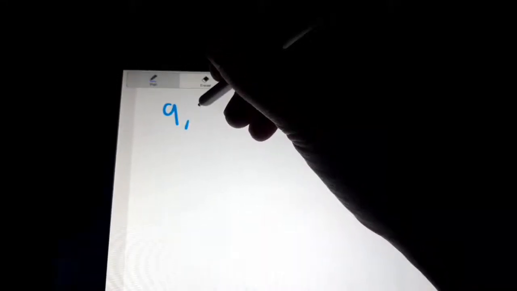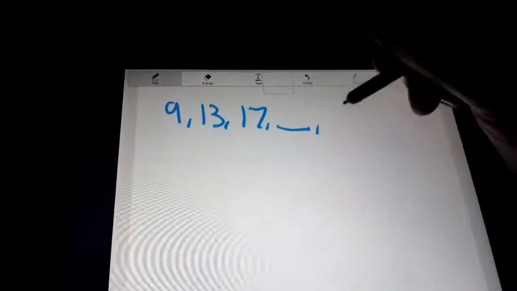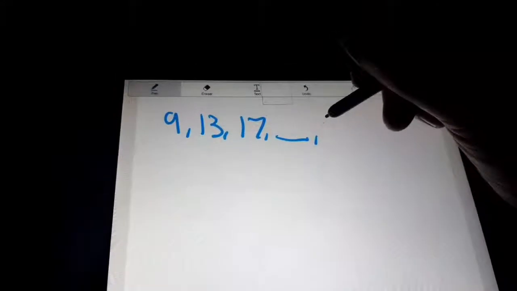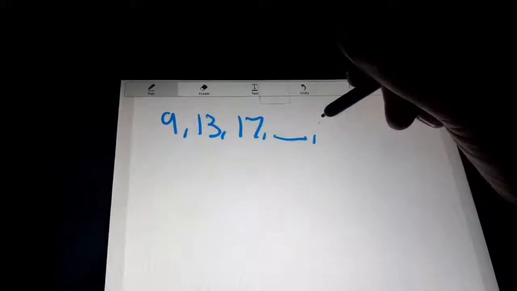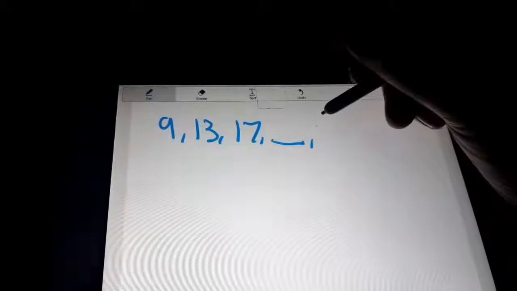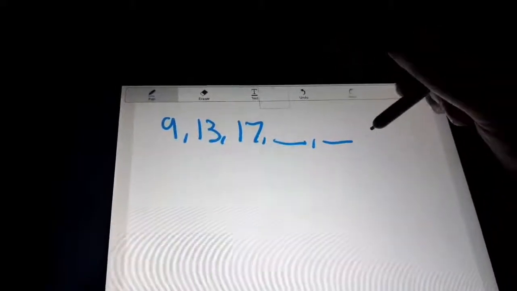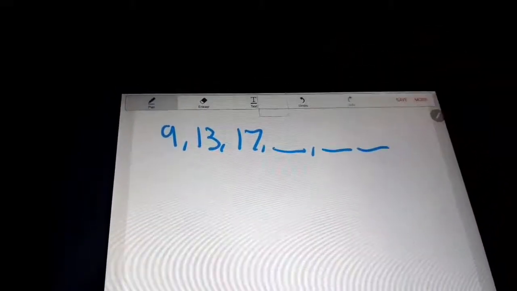I have here the numbers 9, 13, 17, blank, blank, blank.